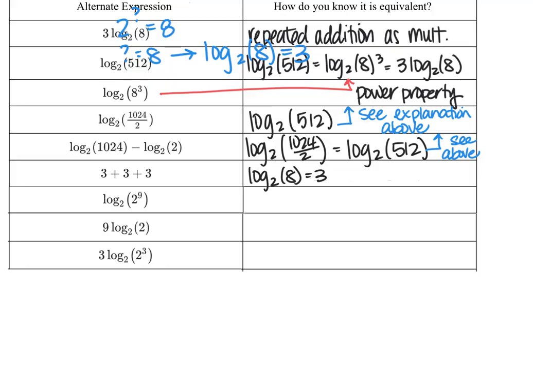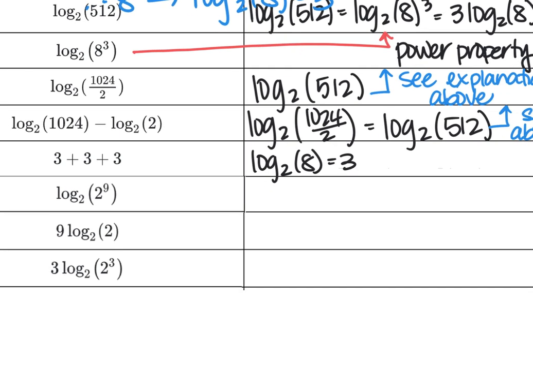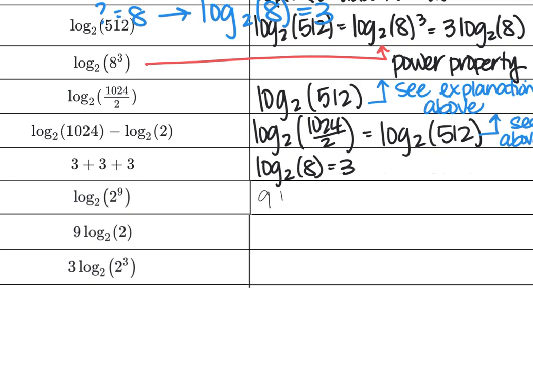Now, next one down, I've got log base 2 of 2 to the 9th. All right, well, what if I use my power property? If I bring that 9 down to the front, this becomes 9 times log base 2 of 2. Well, log base 2 of 2 is 1, so it's 9 times 1, which is 9.